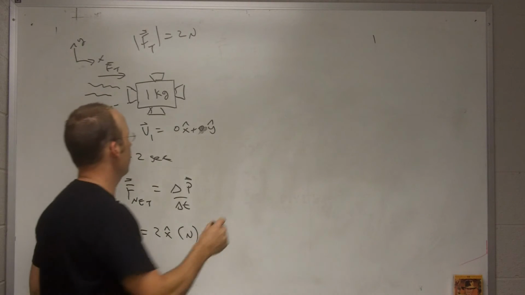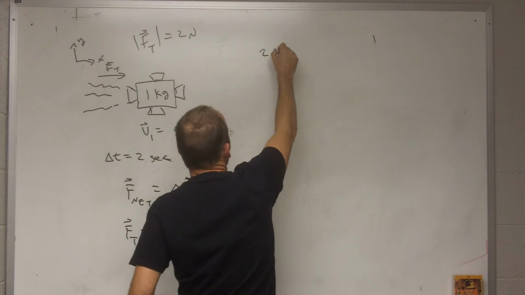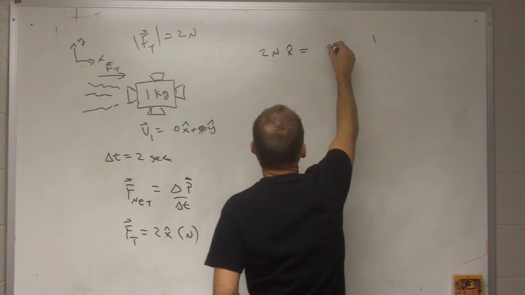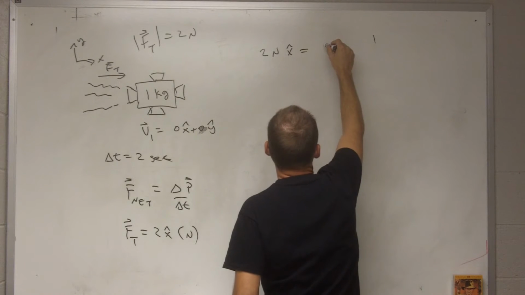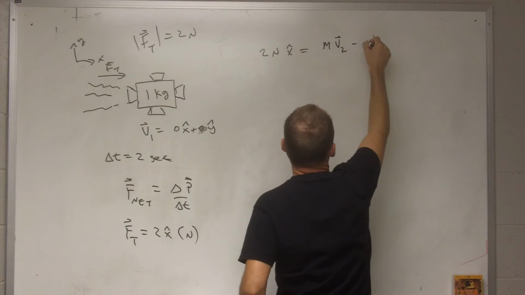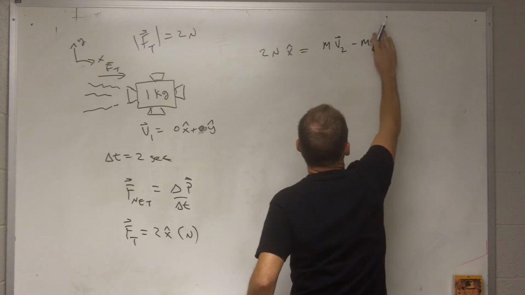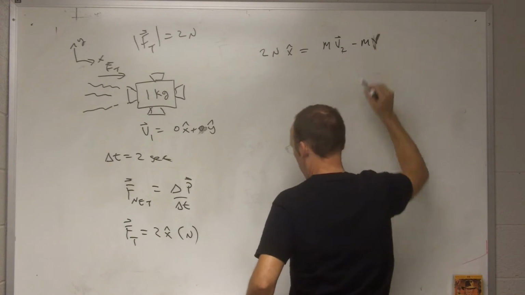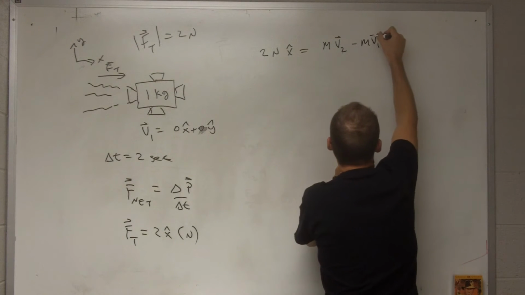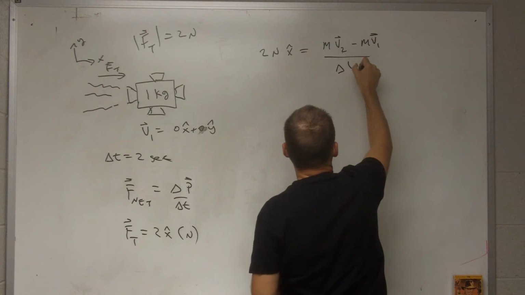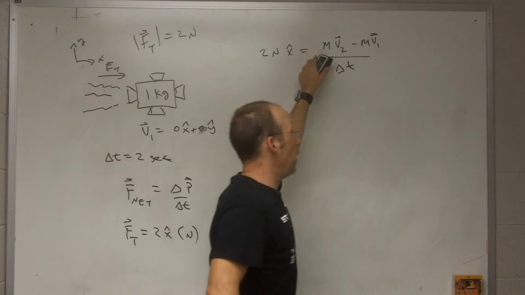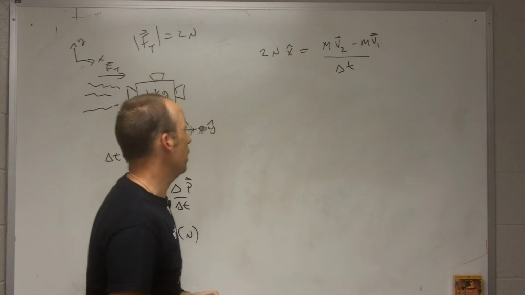So I can write 2 newtons x hat equals the final momentum, mv2, minus mv1, all over the change in time. Remember, change in momentum is always final minus initial. That's how we find the change.